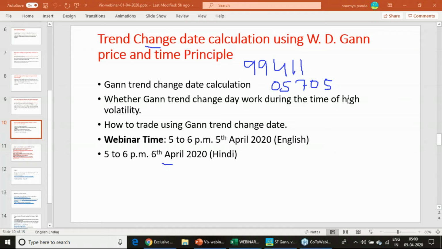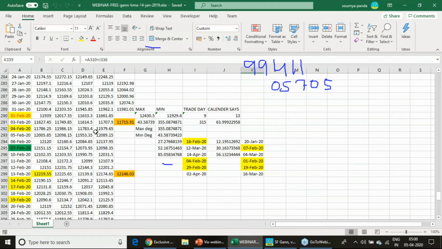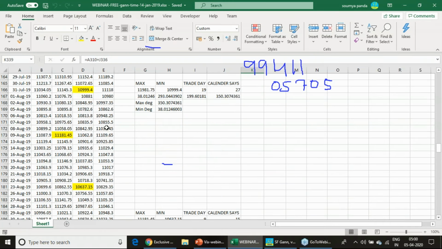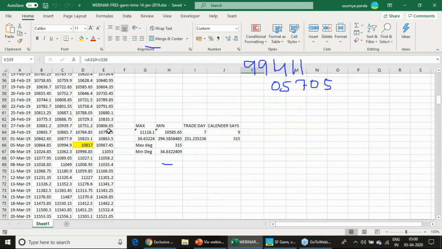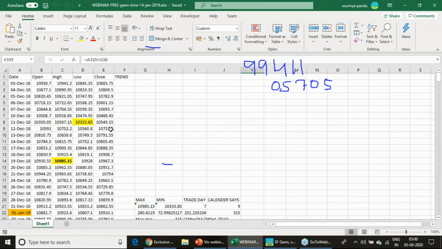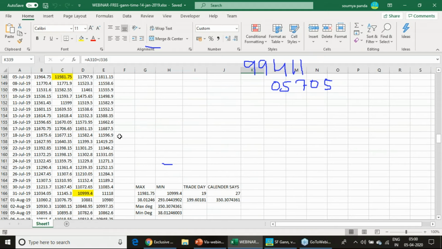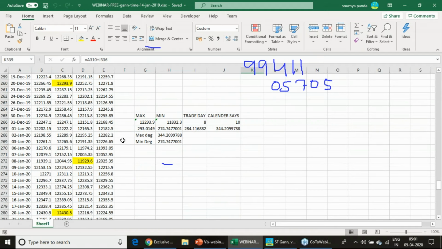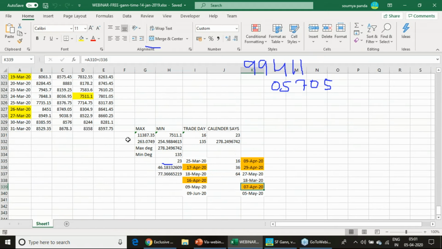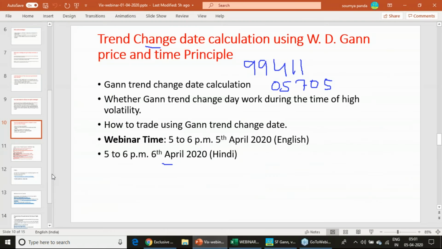The Excel sheet that I have given to you, or I am telling you to download, is having the record, evidence, proof of the past December 2018 to April 2020. So these calculations are given here. So let me go to that calculation method and explain it to you.